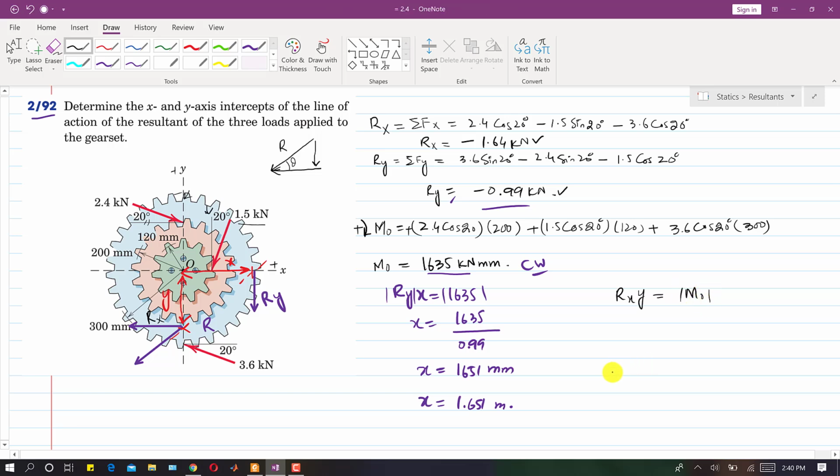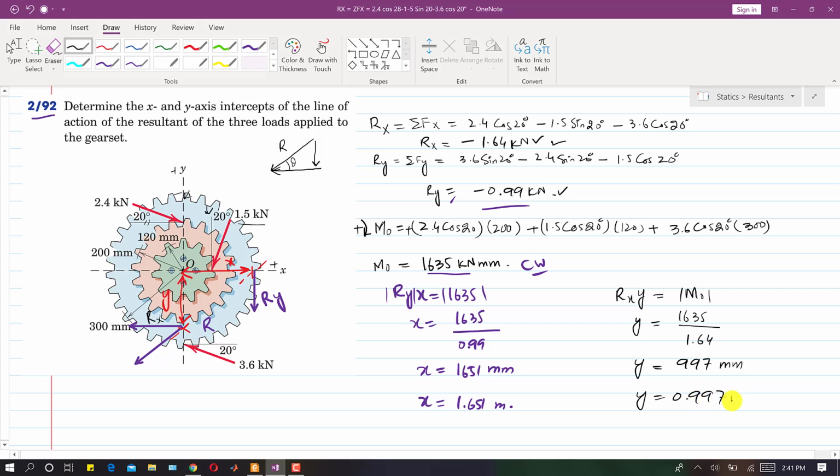So I will write y, and moment about O is 1635 divided by Rx. So Rx is this much. We will use the magnitude. So it is 1.64 kilonewton, right? So y will be equal to 997 mm, right? And if we divide this by 1000, we get y equal to 0.997 meters, right?